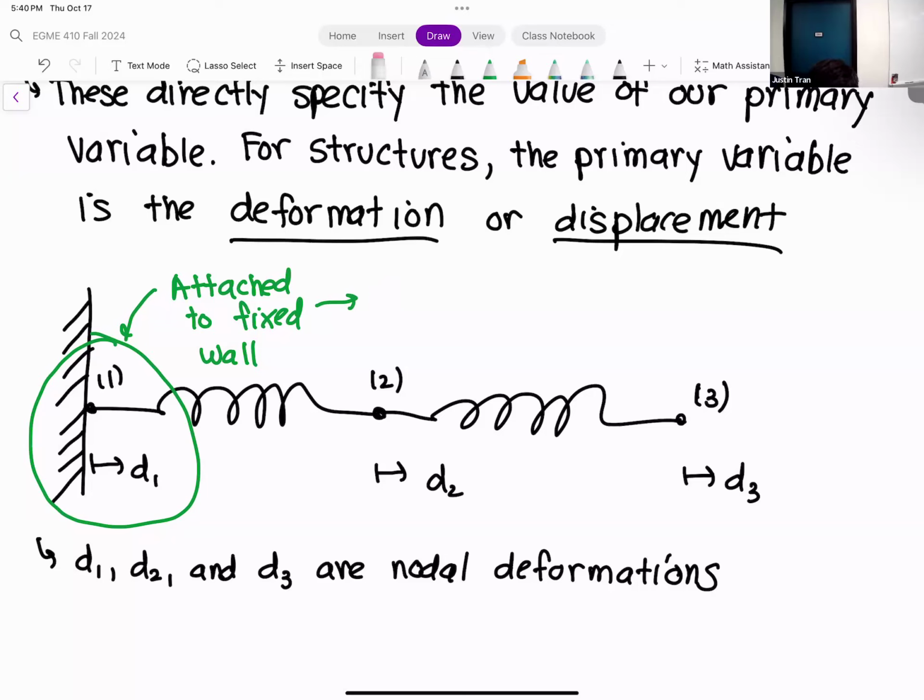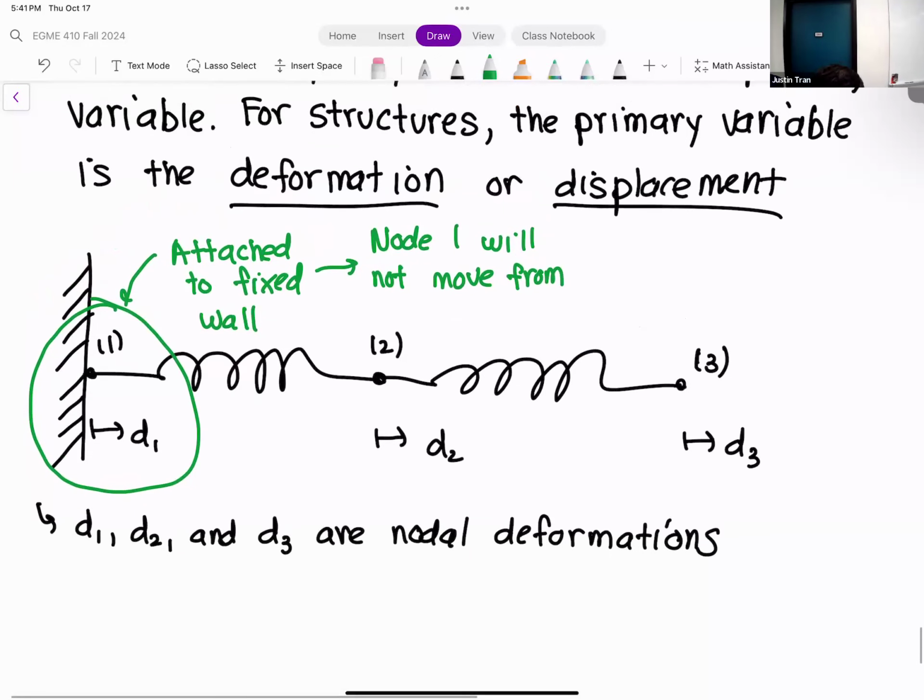Or I should say node 1 is not going to move from that spot because it's fixed to the wall. So that's a pretty good indication that we're going to have a constraint type boundary condition applied at node 1. Okay, let's look at node 2.